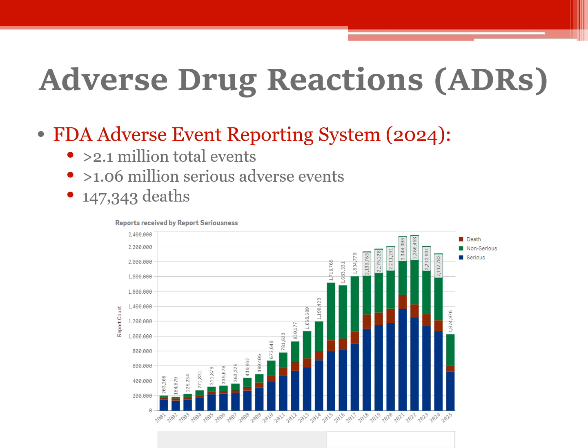So there could sometimes be some underreporting, but the system works pretty well. And what you can see is that really in the late 2010s and early 2020s, there's been a bit of a rise in deaths and in non-serious and in serious adverse drug reactions or therapeutic interactions.